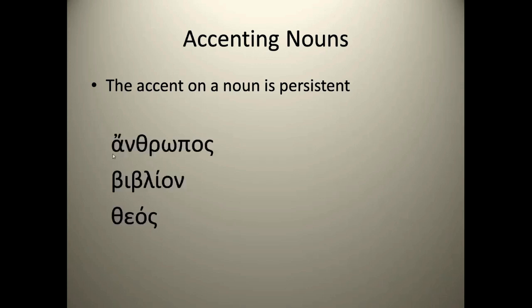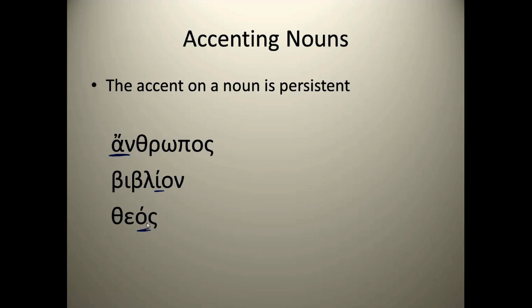So for example, in these three words, anthropos, biblion, and theos, these are the dictionary entries. No matter how this word changes, the accent wants to stay here on that third from the end, on that alpha. Biblion, no matter how the word changes, the accent wants to stay there. And theos, the accent wants to stay there.